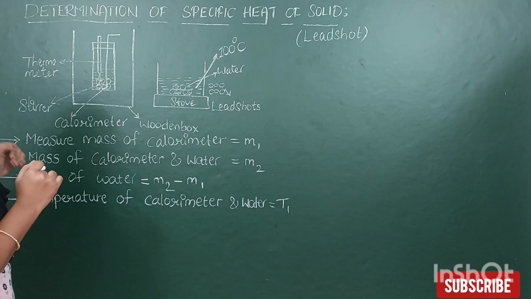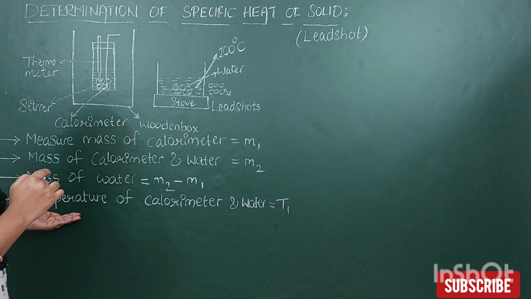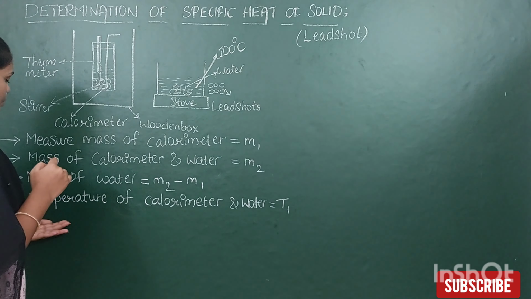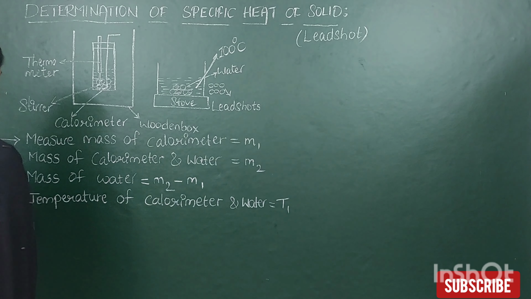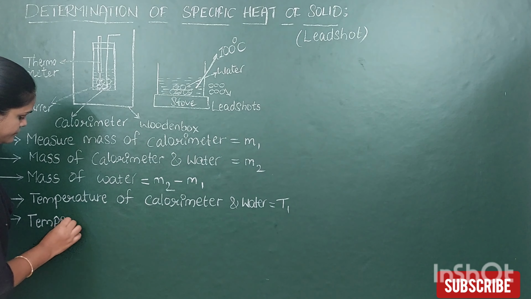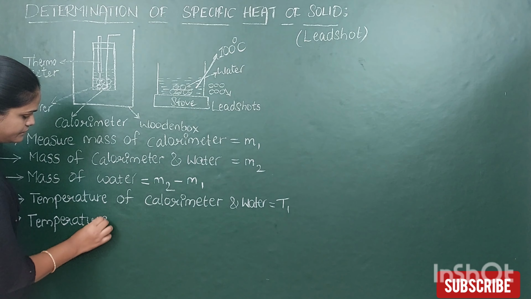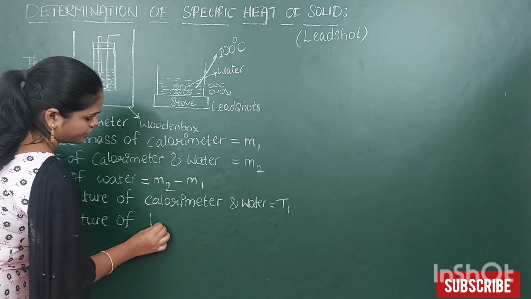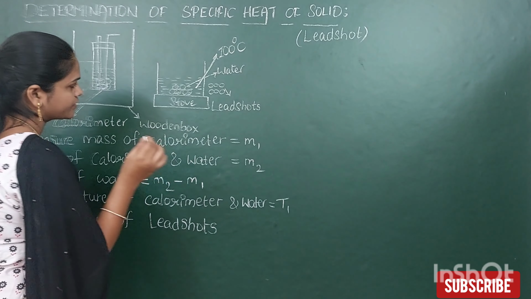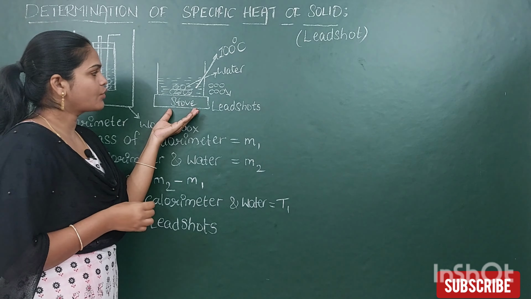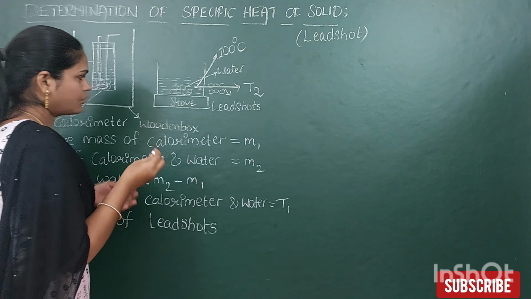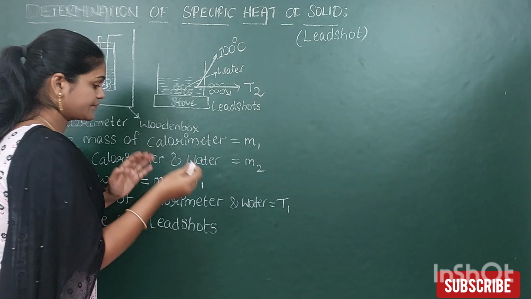Next, here we have measured the temperature of calorimeter and water. Next we are going to measure the temperature of lead shots. When you heat the lead shots, they obtain the temperature T2. So the temperature of the heated lead shots will be T2.